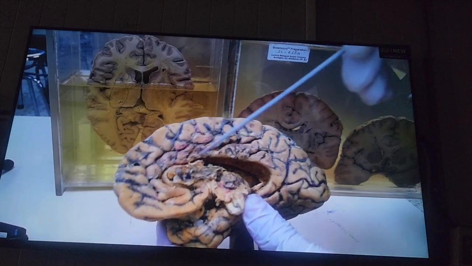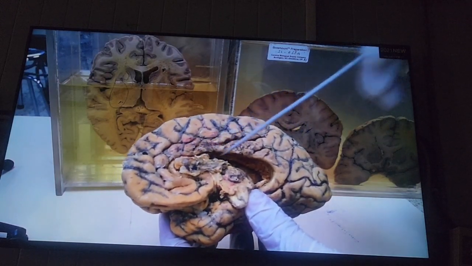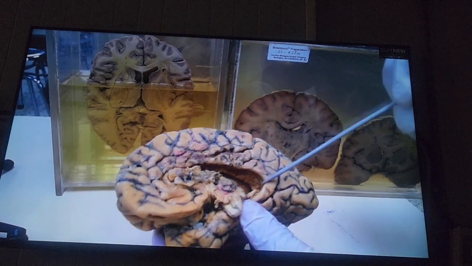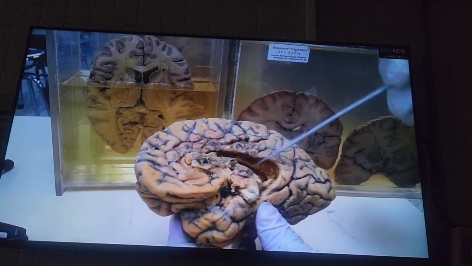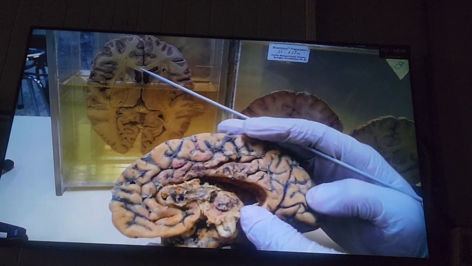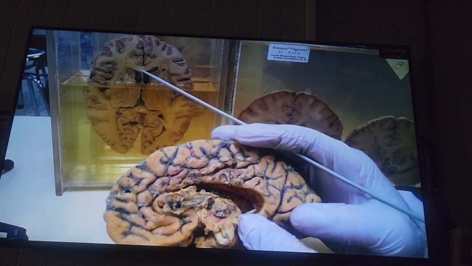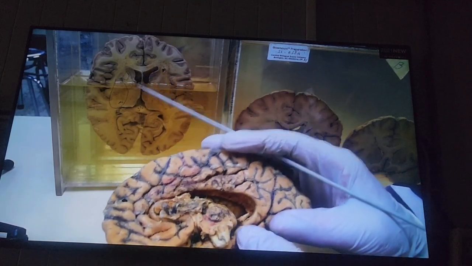The roof is the body of the corpus callosum. Here, the corpus callosum was removed from this specimen. And also the crus and body of the fornix.